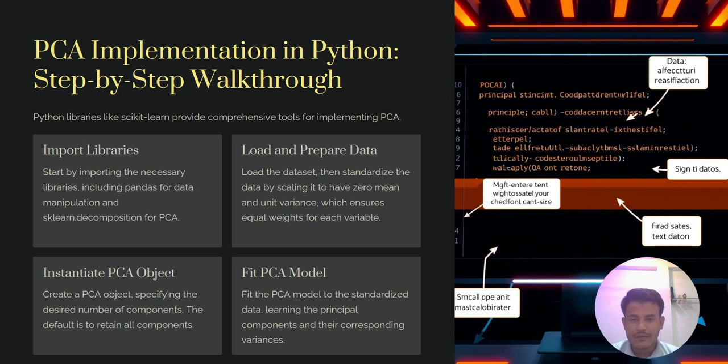Load the data set, then standardize the data to have zero mean and unit variance, which ensures equal weights for each variable. Third is instantiate the PCA object. Create a PCA object specifying the desired number of components. The default is to retain all components. Fourth, fit the PCA model. Fit the PCA model to the standardized data, learning the principal components and their corresponding variance.